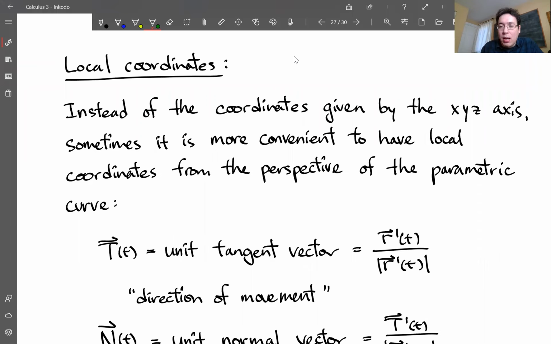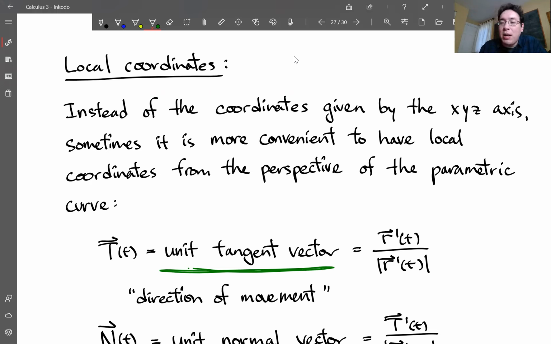Okay, all right. So we've actually already started to talk about these local coordinates. We talked about what's called the unit tangent vector. The unit tangent vector is a vector that points in the direction of the motion, but the speed information is gone.